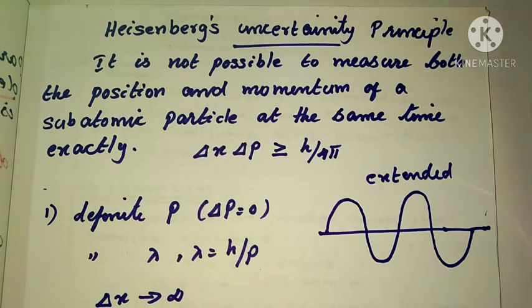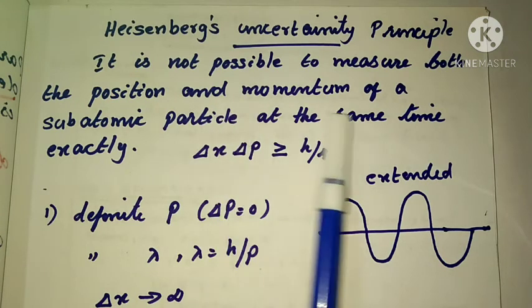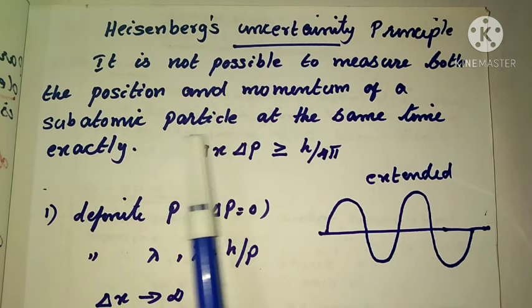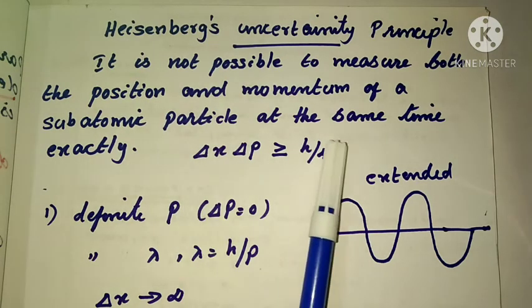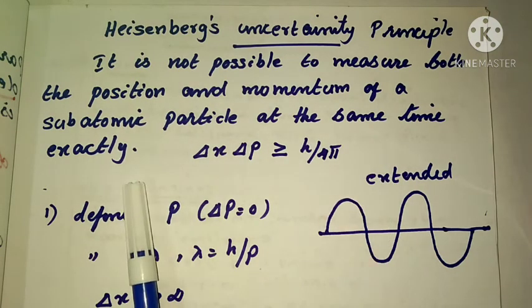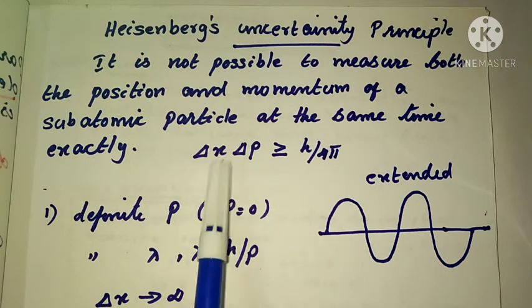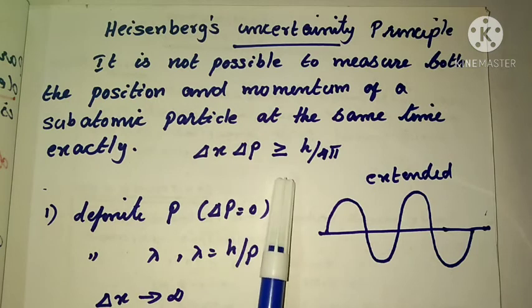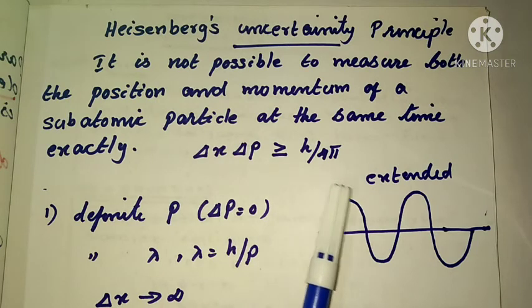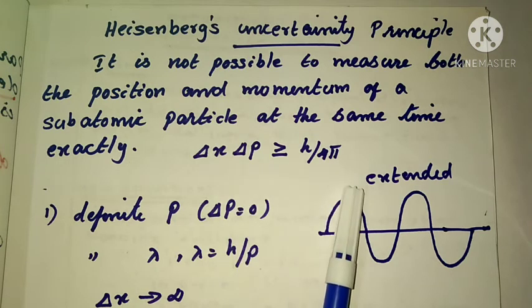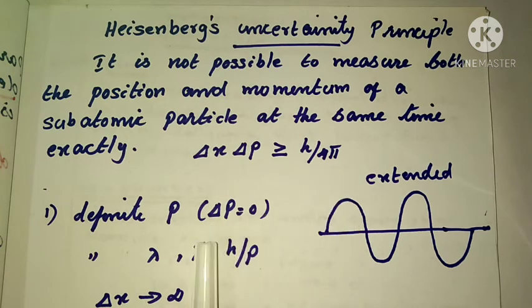According to the principle, it is not possible to measure both position and momentum of a subatomic particle like an electron at the same time exactly. There is always some uncertainty in the specification of position and some uncertainty in the specification of momentum. The product of delta x and delta p must be greater than or equal to h by 4 pi. So this equation allows some possibilities.